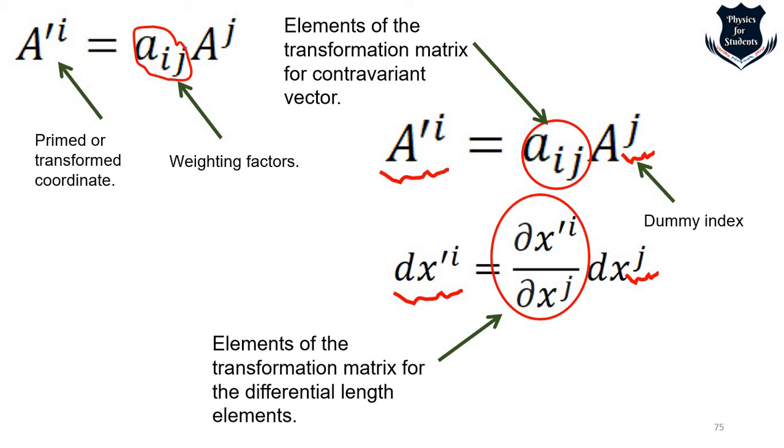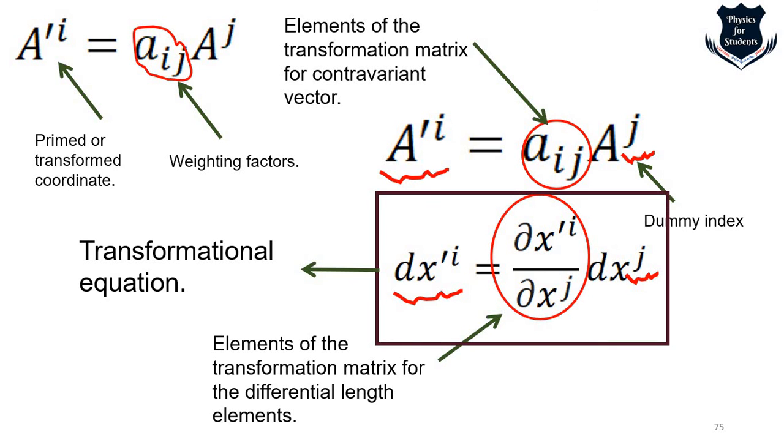So instead of looking at this right hand side simply as the index notation, we can call it a transformational equation which takes differential length elements from the unprimed to the primed coordinates.